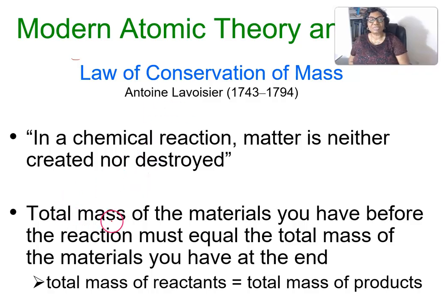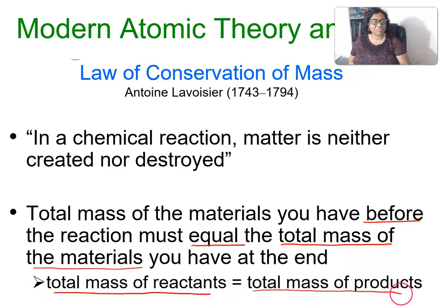It means the total mass of material you have before a reaction must equal the total mass of the material that you have at the end of your reaction. That is, the total mass of reactant must be equal to the total mass of product. This is the law of conservation of mass. We are going to look at another law.